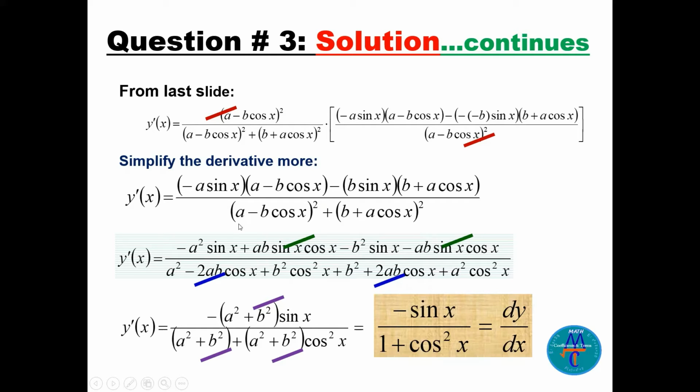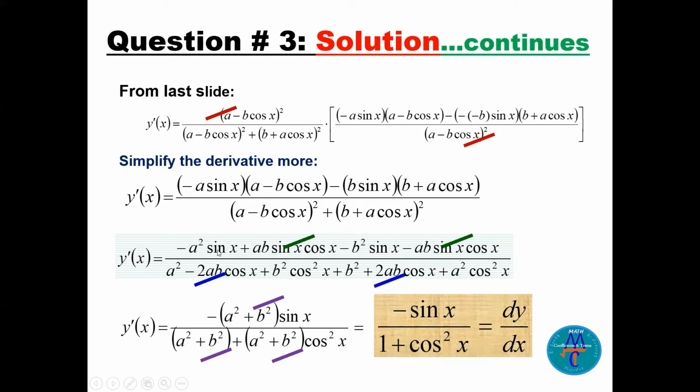In the denominator, we have a squared minus 2ab cosine of x plus b squared cosine squared of x. And this one we have b squared plus 2ab cosine of x plus a squared cosine squared of x. We can cancel also minus 2ab cosine of x plus 2ab cosine of x.